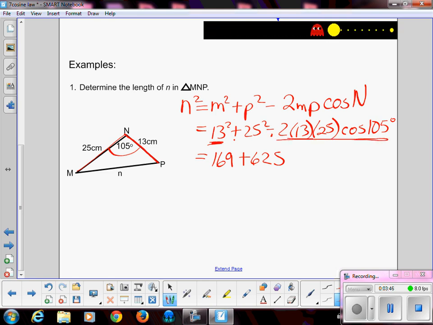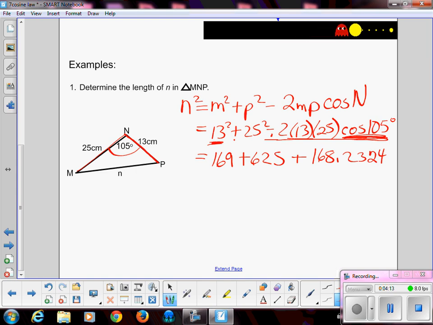Now, I'm going to punch into my calculator -2 times 13 times 25 times cos 105, and when I do that, all together, I end up with a positive 168.2324. Now, you're saying, how did it turn positive? Well, remember when we talked about obtuse angles, we know that the ratio for cos of 105 is negative.